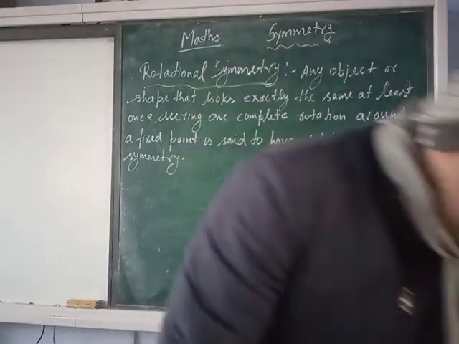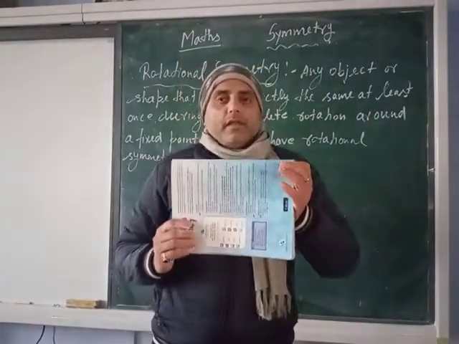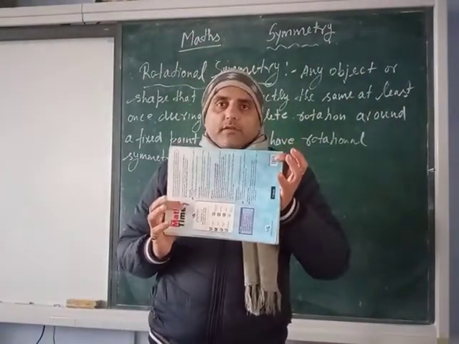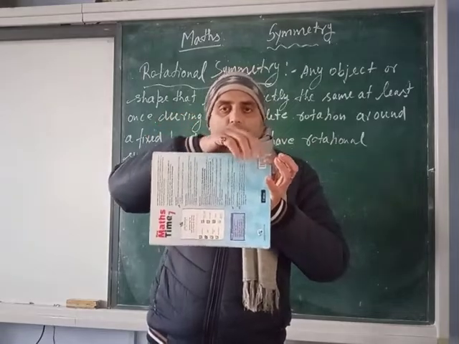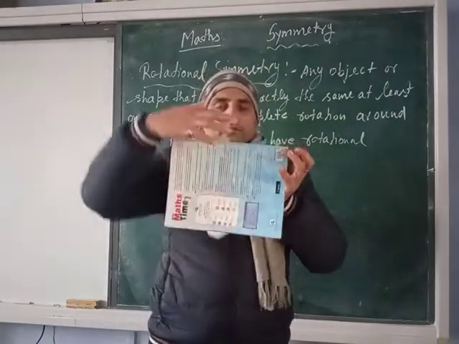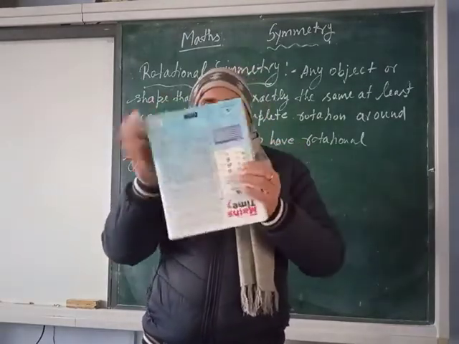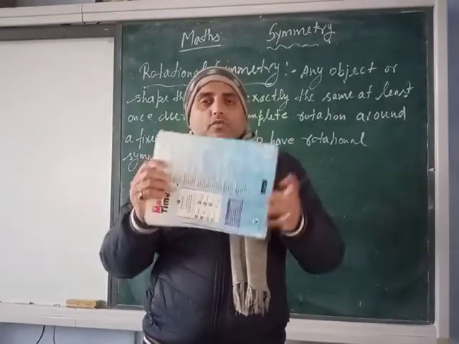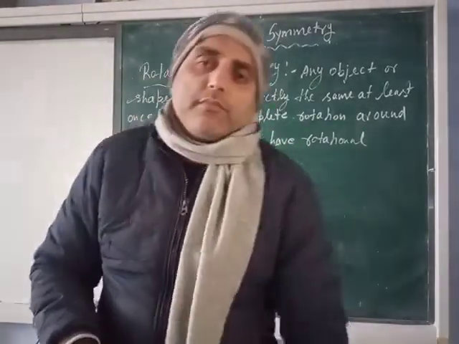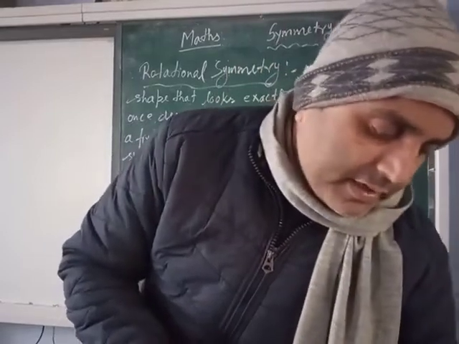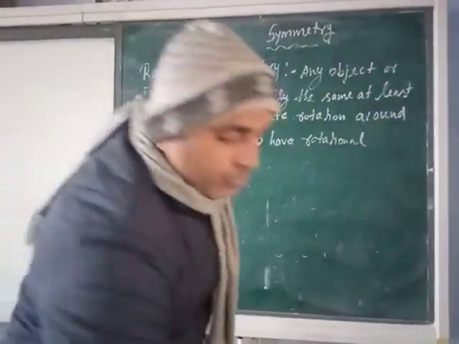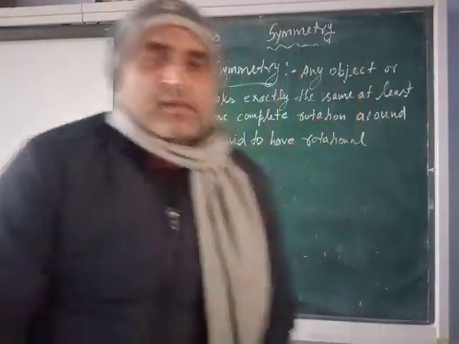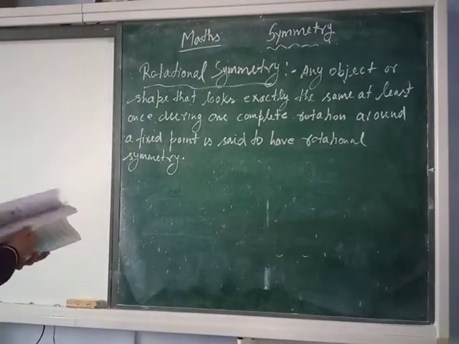So now see here also, this book is here. After one rotation, the maximum times we get the same figure, that is known as rotational symmetry. Is it clear?